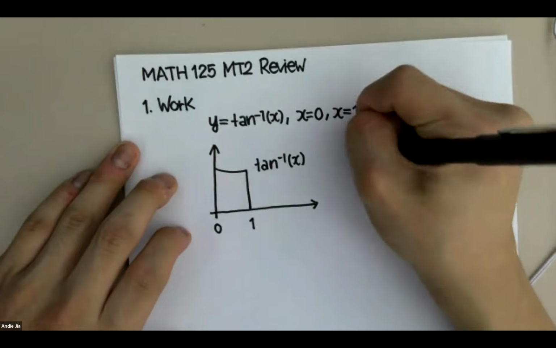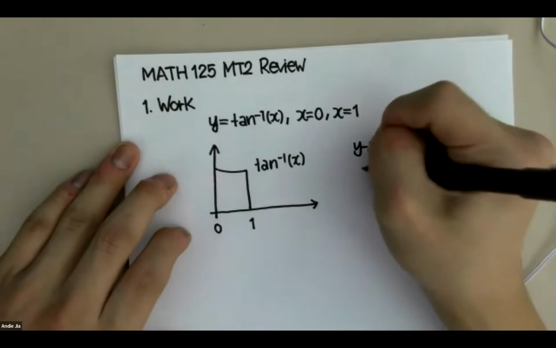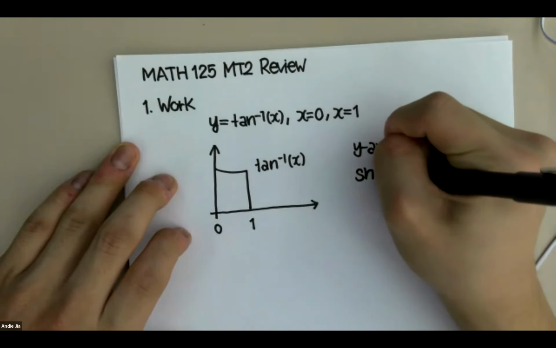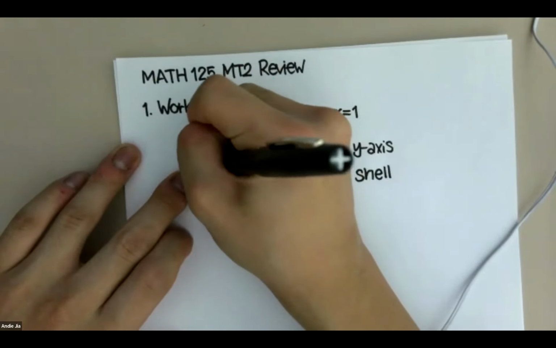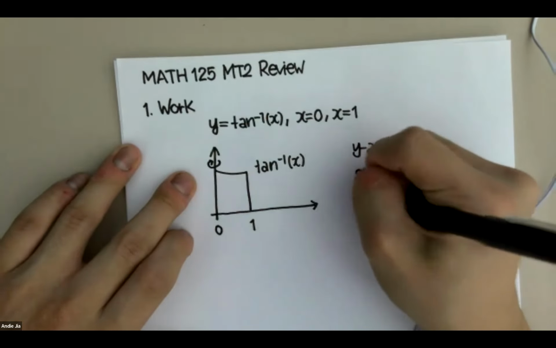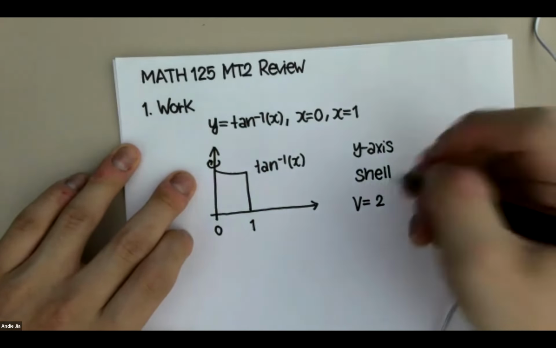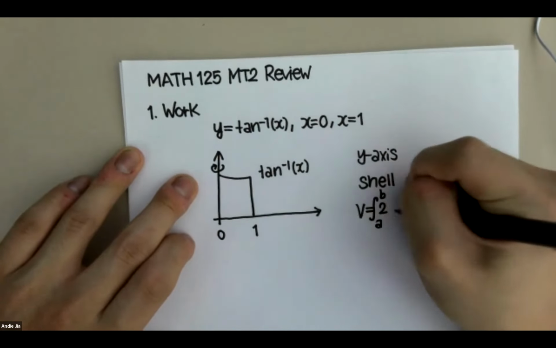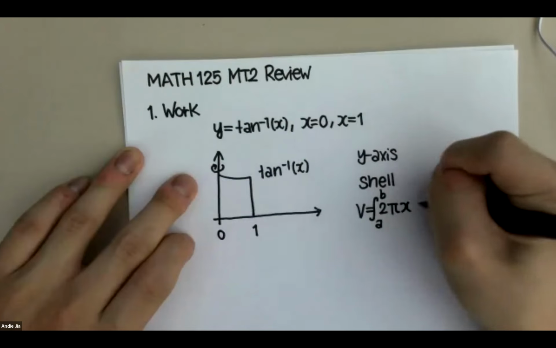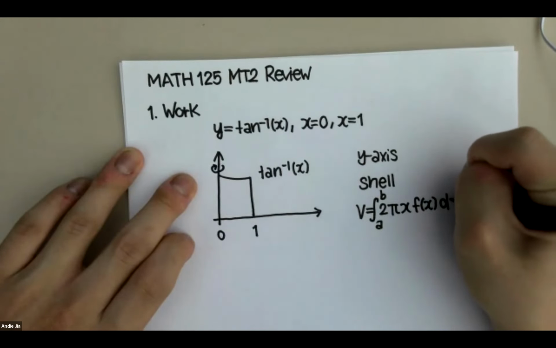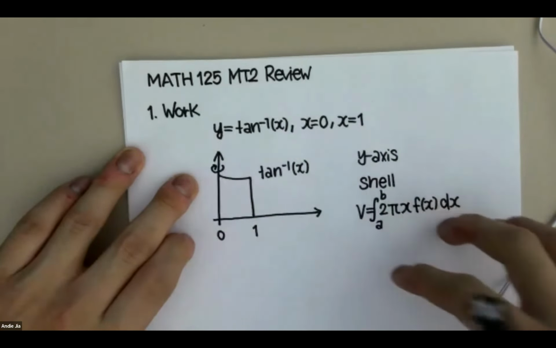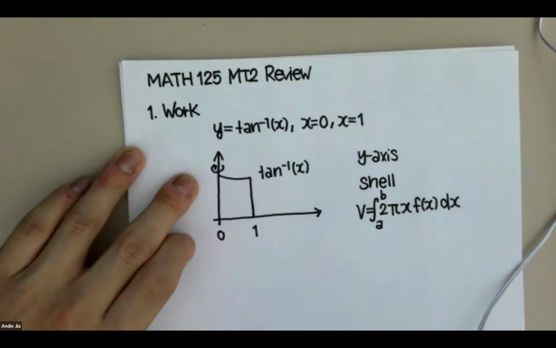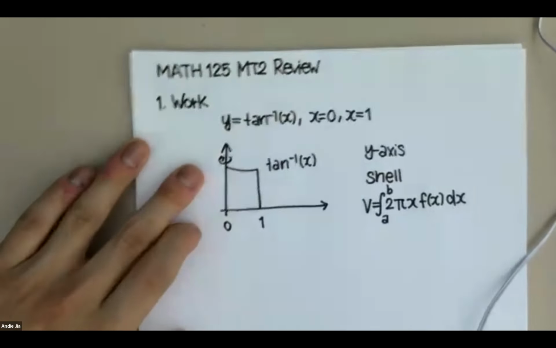So when you see the y-axis rotation, then we're gonna use the shell method. So it's a region rotating about the y-axis, and the volume is the integral from a to b of 2 pi x times f of x dx. So it's the area rotating about the y-axis.